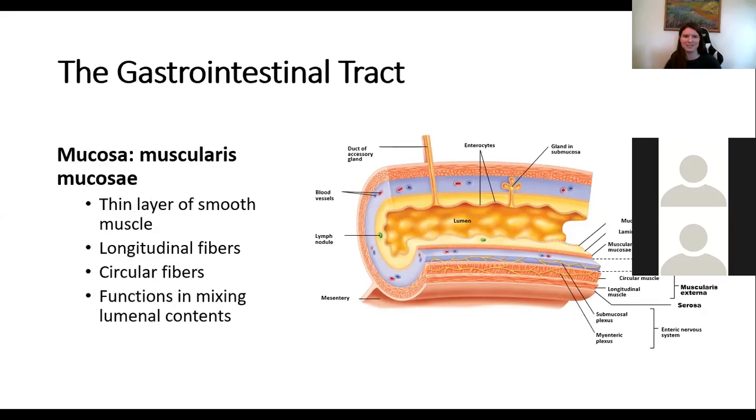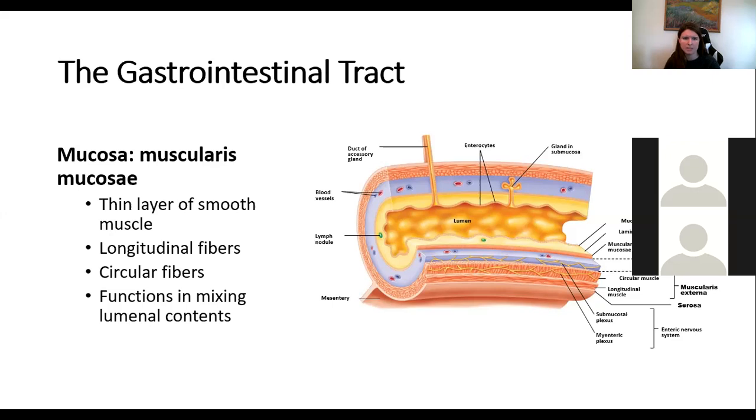And here we have zoomed in on the muscularis mucosae. I always get ahead of myself, y'all, sorry. So our mucosa has this thin layer of smooth muscle that has two kinds of fibers in it. I guess I didn't mention that part. Some are longitudinal. So if we have our tube like this and our tract like this, some of them are longitudinal like this, and some of them are circular, so all the way around.